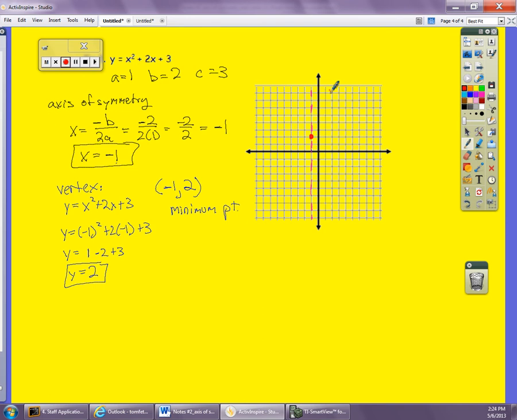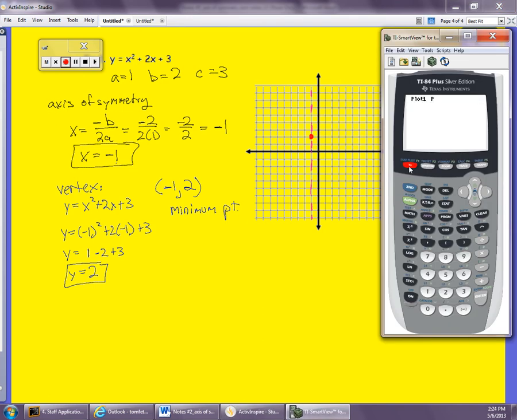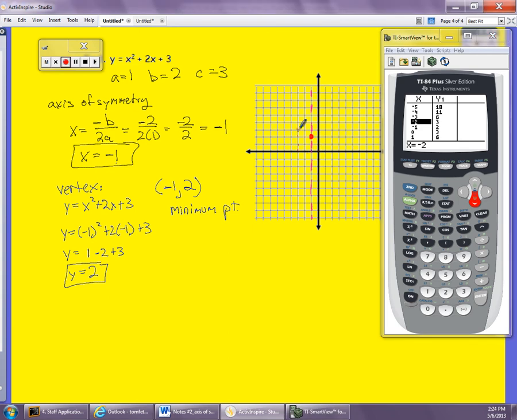So we can look at our graphing calculator, go to y equals, clear my equation, and now I have x squared plus 2x plus 3. So here's our graph. Now we can look at our table, and we can plot some points. So we have negative 3, 6, so negative 3, 1, 2, 3, 4, 5, 6, and negative 2, 1, 2, 3.